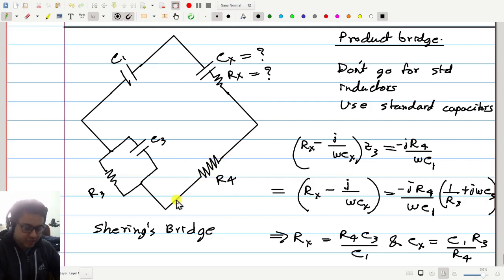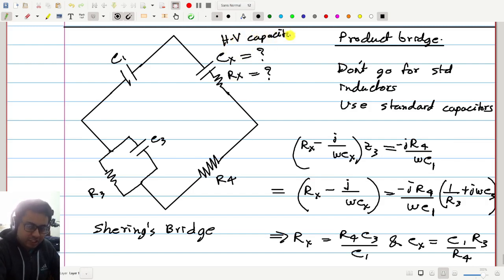This bridge, when used in the laboratory, also has a few benefits. Let me just tell you that briefly. This bridge is often used for measuring high voltage capacitors, HV capacitors.